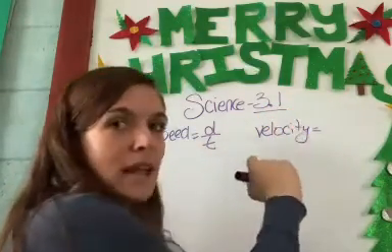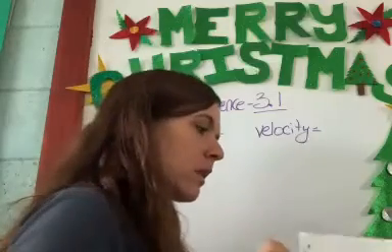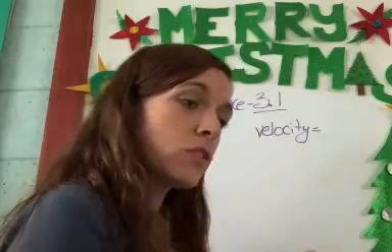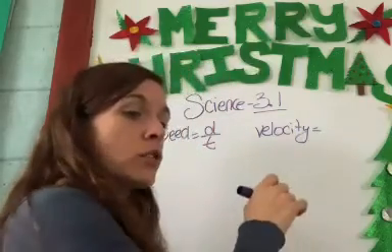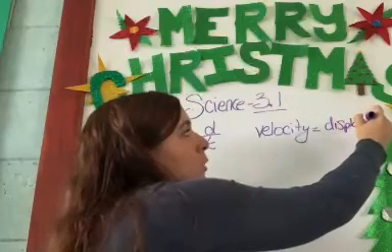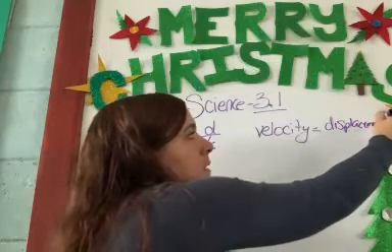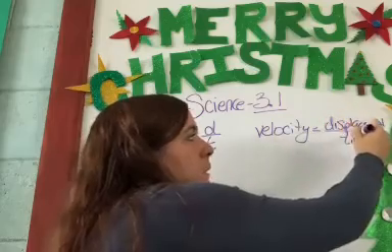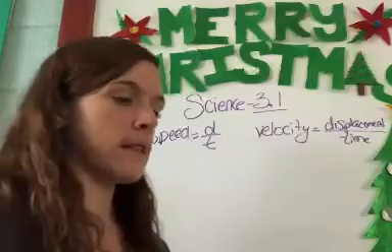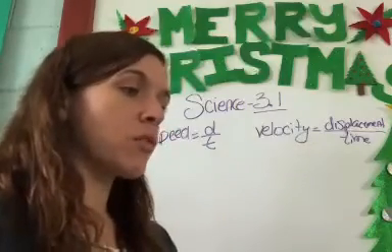Just like scalar and vector quantities, velocity is a vector quantity because it takes into account your direction. So this one's not going to be distance over time, it's going to be displacement over time to find your velocity.